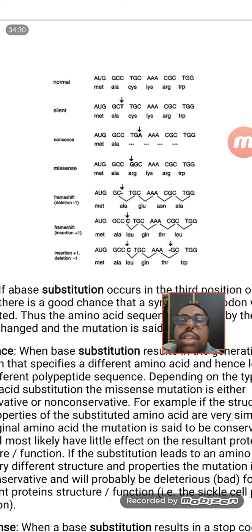So it will produce another amino acid, which will code for another protein which may not be useful for us. And next, insertion and deletion both take place at a time, so that also will cause a different formation of protein.